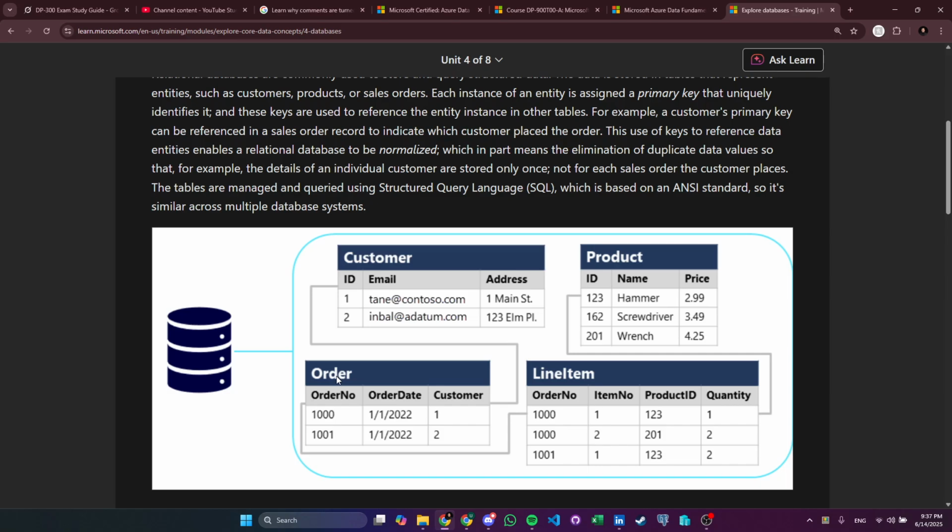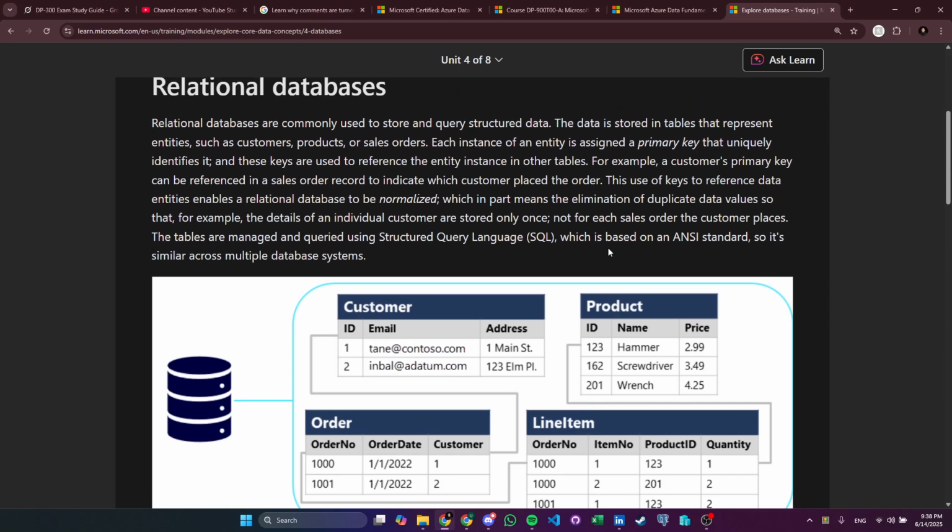For example, this order has the order date, order number, and the customer ID. So this customer ID is referring to this customer, Tain at contoso.com. Here, product ID, line item, product ID, it's referencing hammer, and so on and so forth.